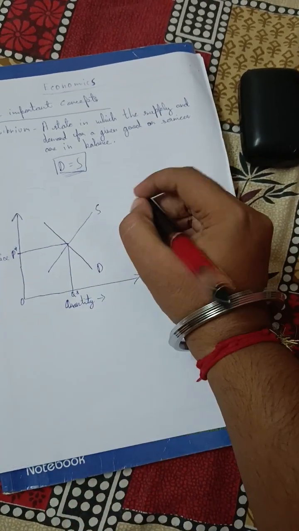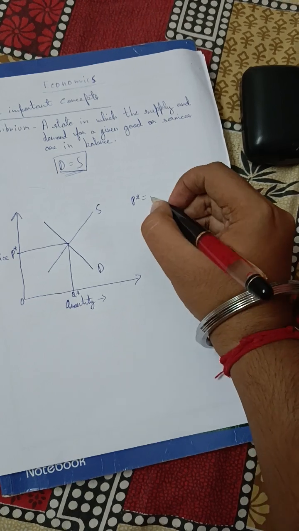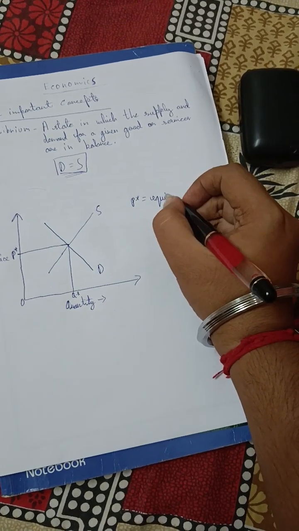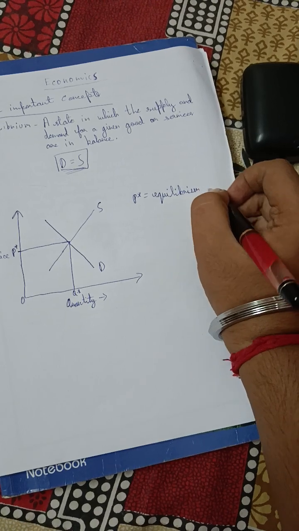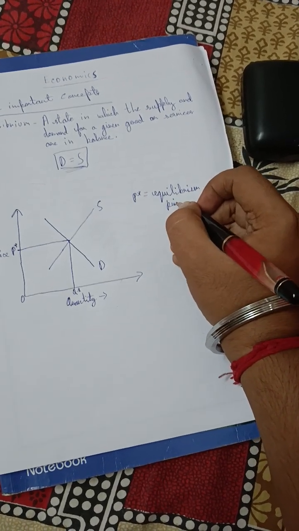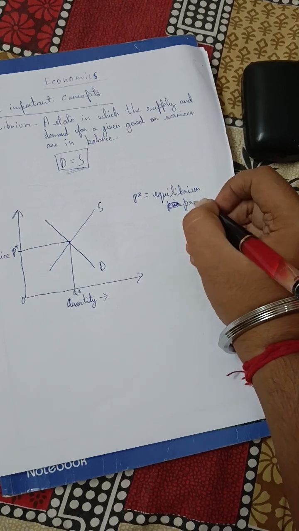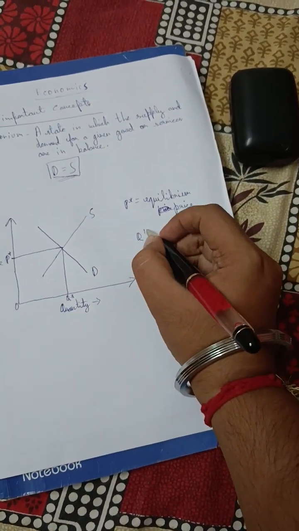So here P star is the equilibrium price. Okay, equilibrium price. And what is Q star?